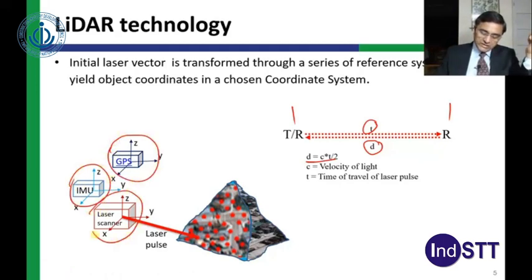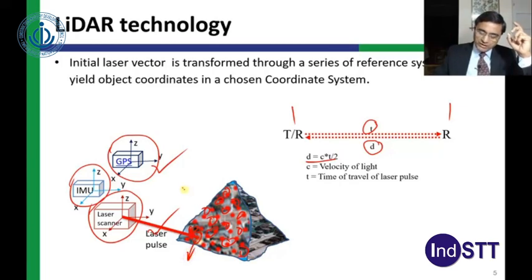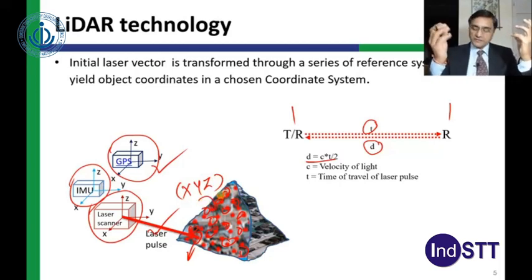So that's the scanner where the laser is being fired and is being scanned. So that way, this laser will fire its pulses everywhere on the ground, and as we just said, with the help of GPS and the distance measurement here, it is possible for us to compute the coordinates of the point in the ground, say x, y, z. So for all these points, we'll have the x, y, z coordinates.